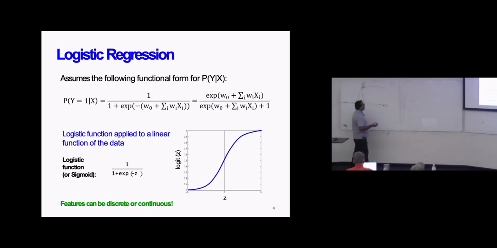And the function that does this, they call it z here. So let's start with z. The function of z is equal to 1 divided by 1 plus e to the power minus z.